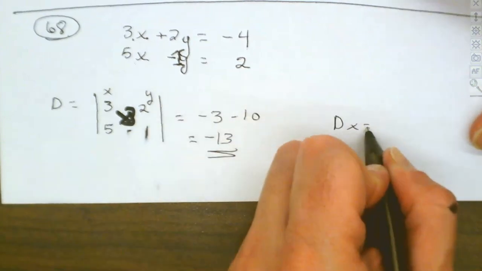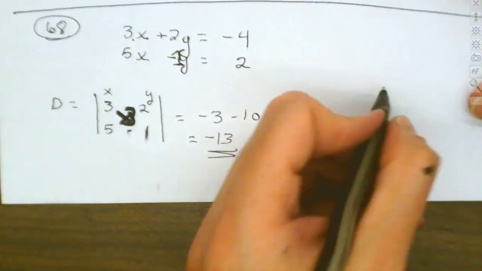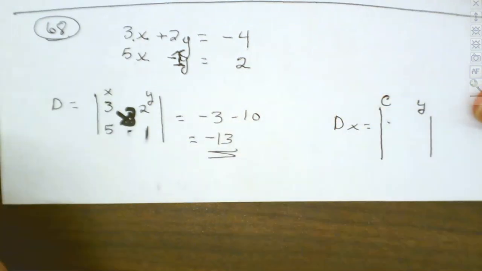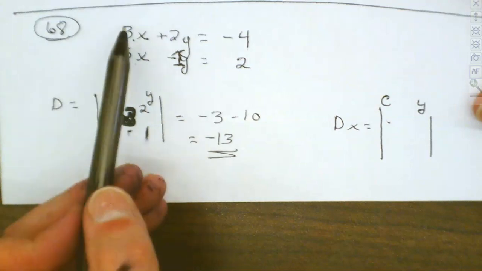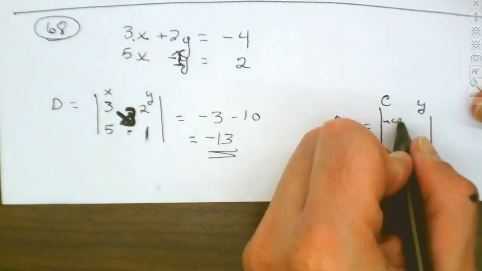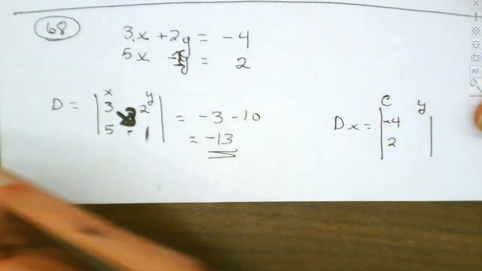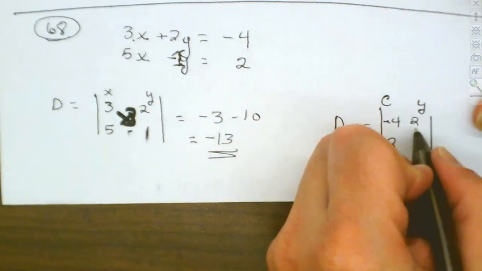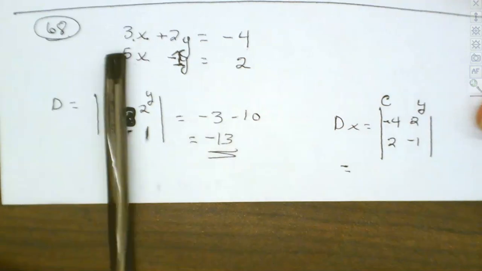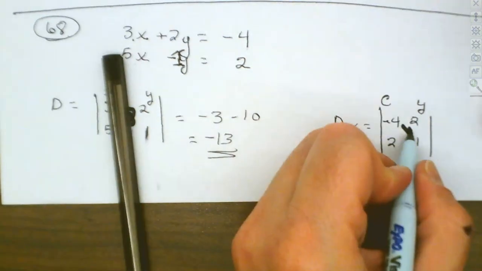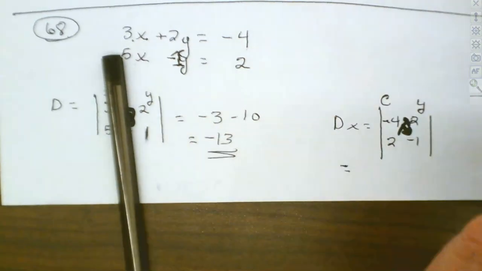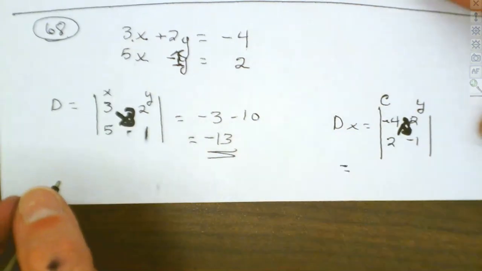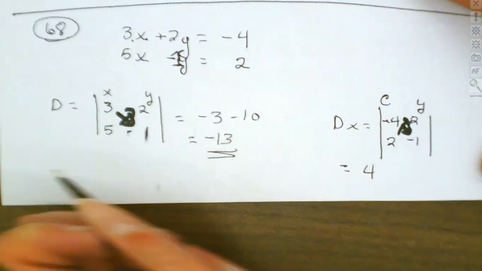Let's get dx next. That's your c, and that's your y. So we have a minus 4, 2 for the c. Y is 2 and negative 1. Careful with your signs here. Minus 4 times minus 1. Negative and negative makes it a positive 4.